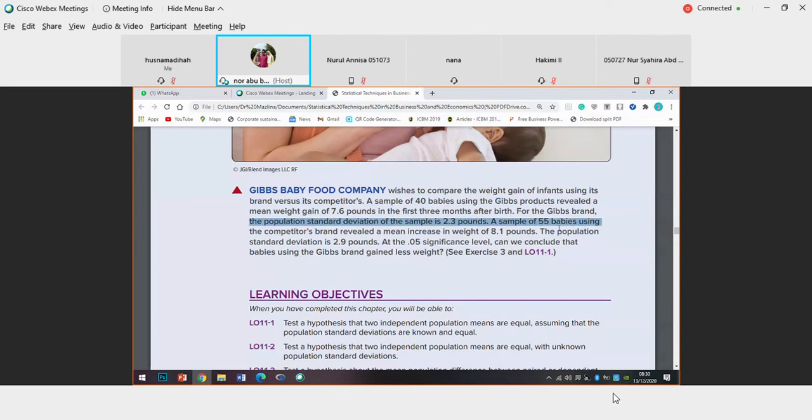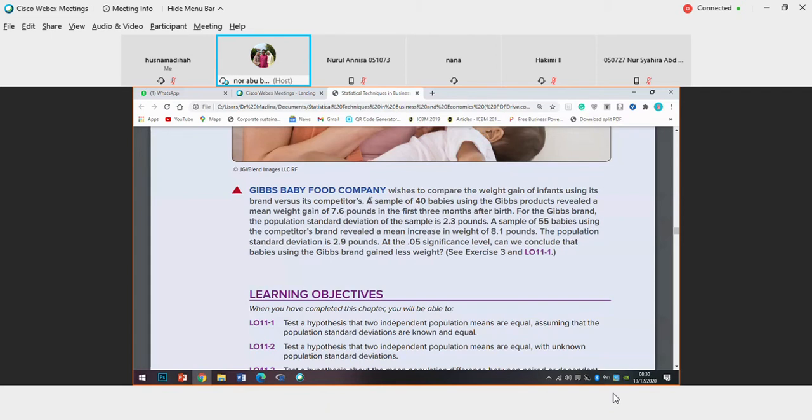Okey, apa nak compare 40 dengan 55? Apa lagi yang berbeza di sini? Dia punya standard deviation tu pun tak sama. Yes. Standard deviation differs. Apa maksud standard deviation differs? Okay, cuba awak tengok 7.6 dengan 2.3, dengan 8.1 dan 2.9.